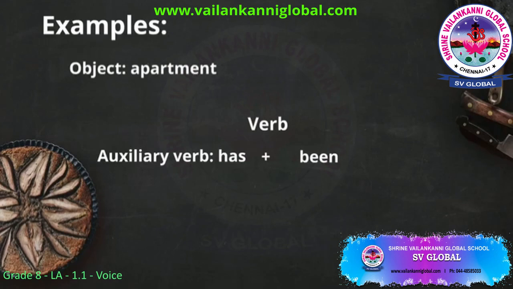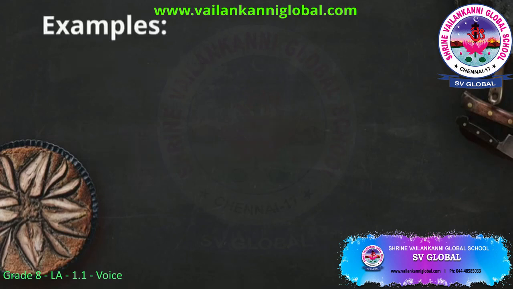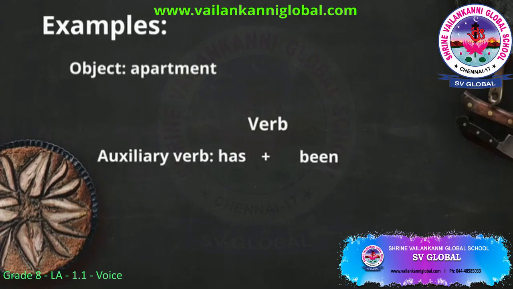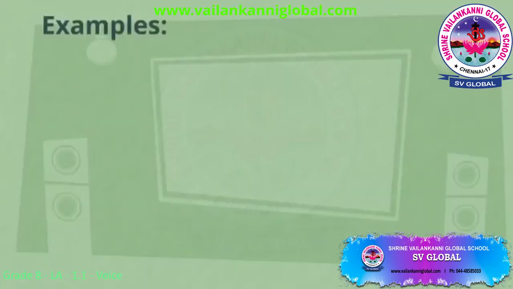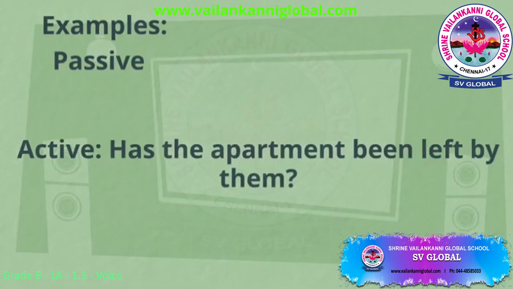Has the apartment been? Actually here the subject is they. They is actually a third person subjective pronoun, but we have to change it into an objective pronoun of third person, so it will become them. They as them. So the passive voice question is, has the apartment been left by them?